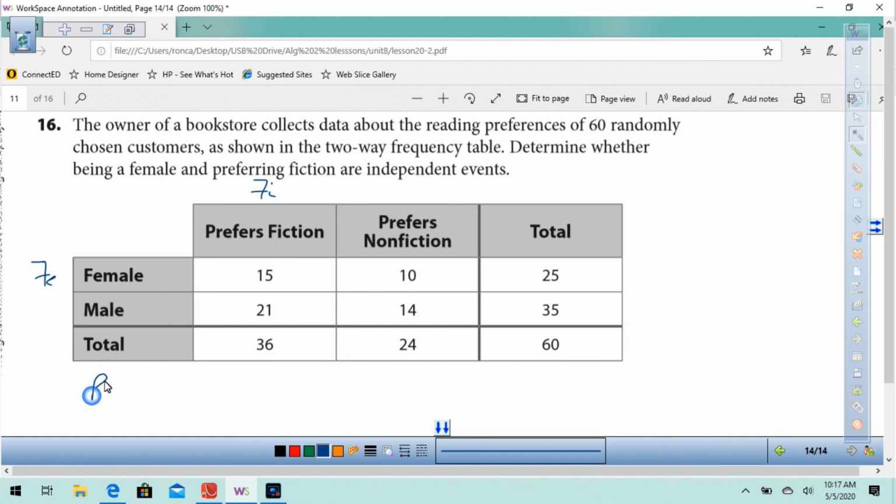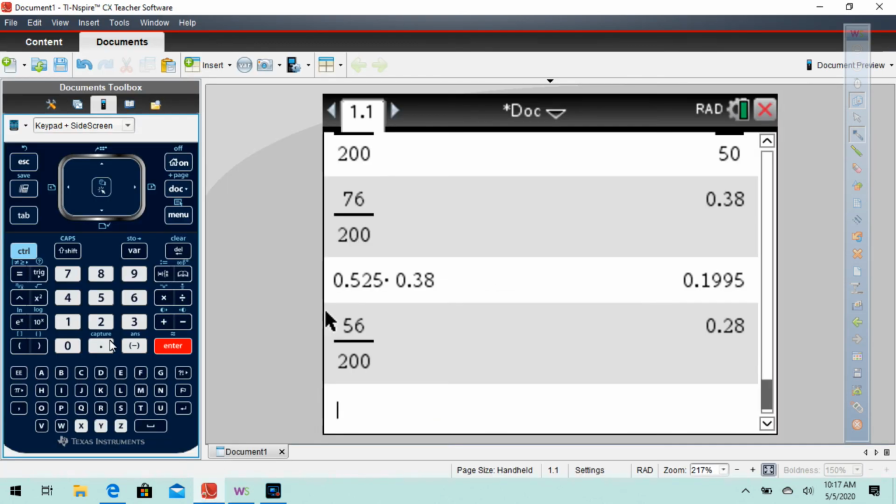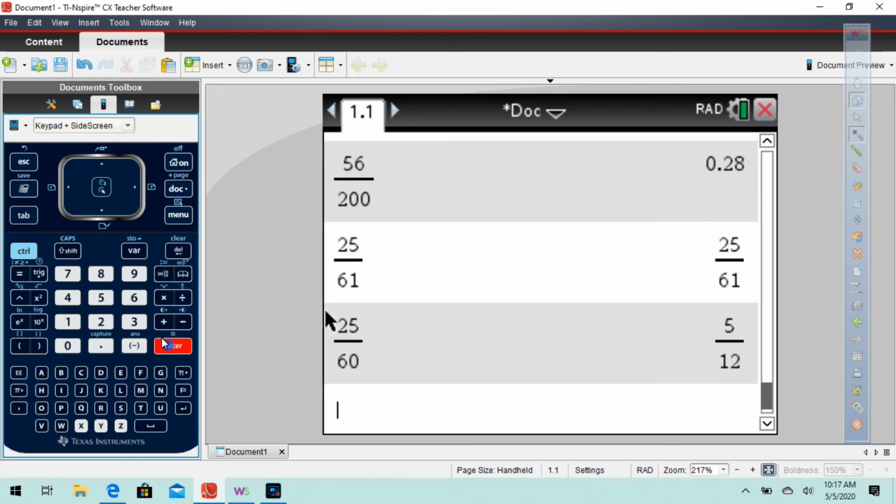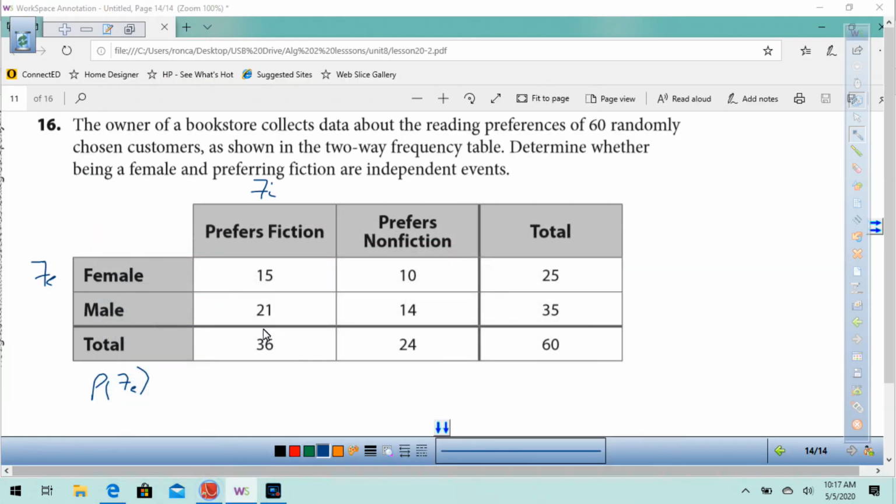So the probability of female, well, there was 25 over 60, right? 25 divided by 60, I get 5 over 12.